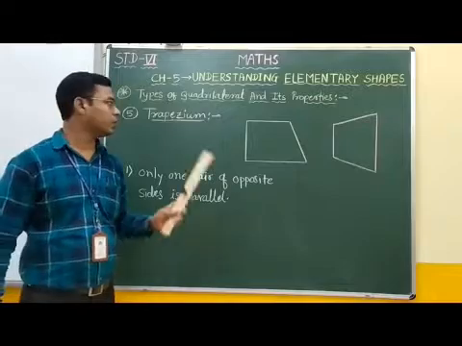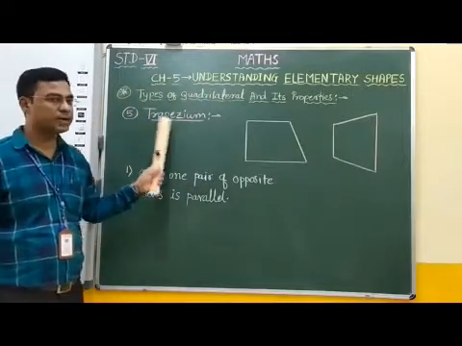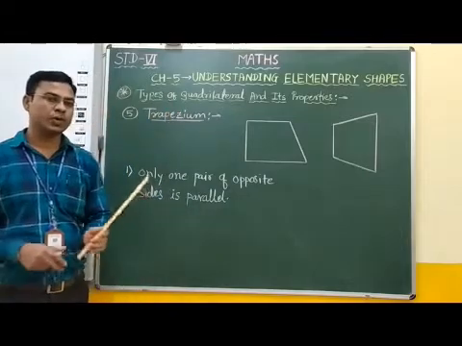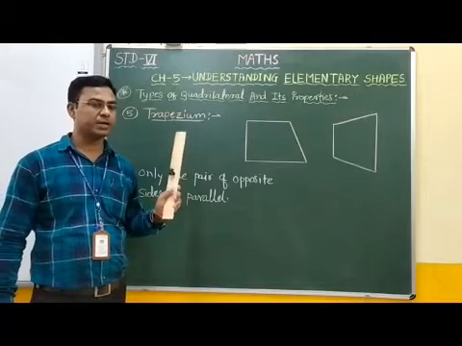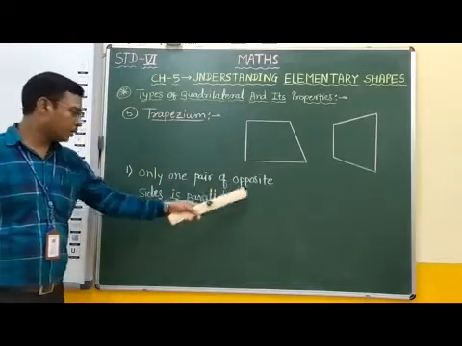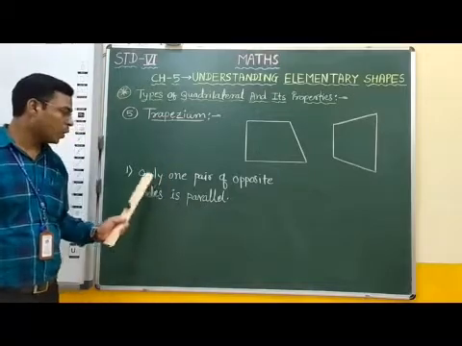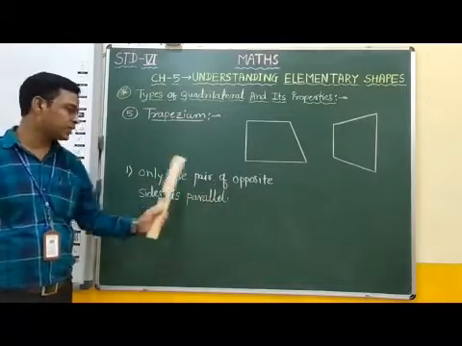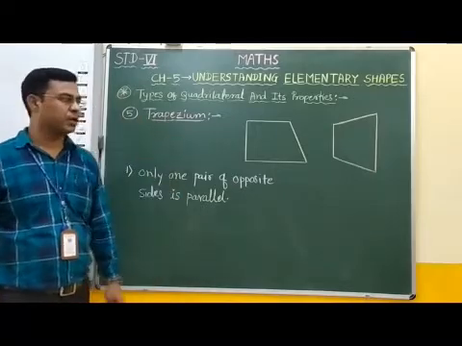Students, now the fifth type of quadrilateral, that is trapezium. There is only one property of a trapezium: only one pair of opposite sides is parallel. I repeat, only one pair of opposite sides is parallel in a trapezium.